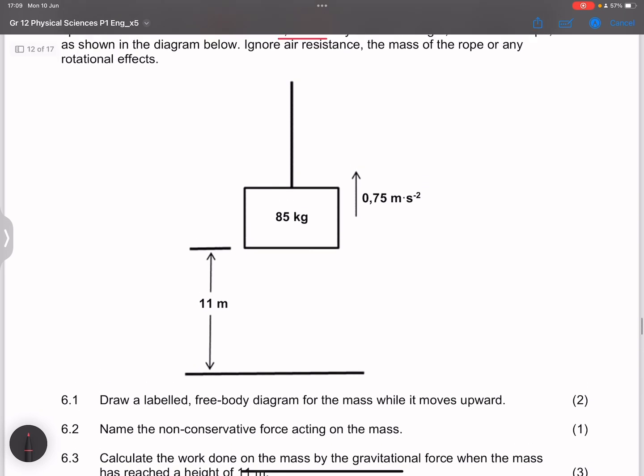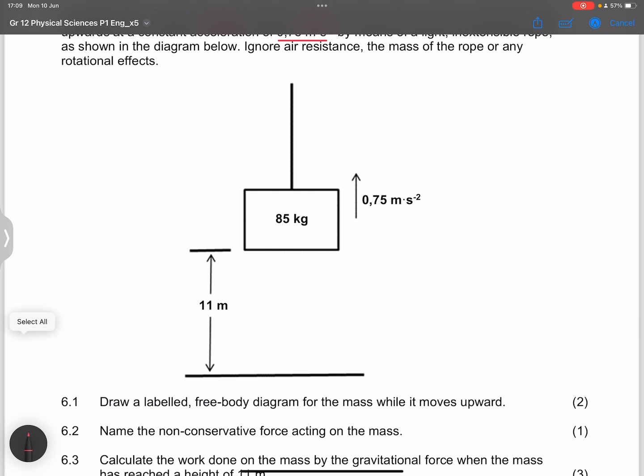All right, so we know for sure it's accelerating upwards. So it's suggesting to us, let me just draw it over there, that we are going to have the force upwards. So I'm going to say that's the applied force, or you can say the force of the rope.